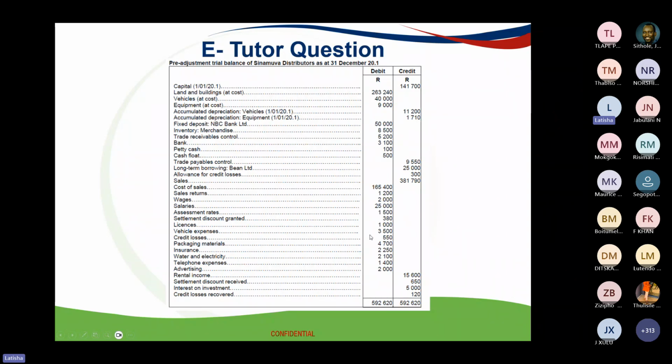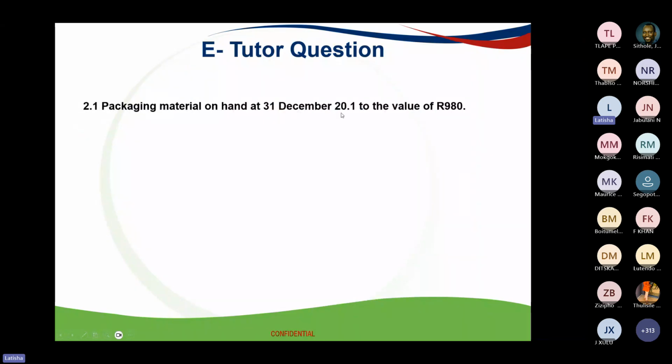And they're telling us in the information that there is an amount of 980 Rand that is still there at year end, so it hasn't been used. It's sitting as an expense in the income statement, in that 4,700, 980 Rand is included. We haven't utilized it. Because it hasn't been used, it can't be an expense at year end.